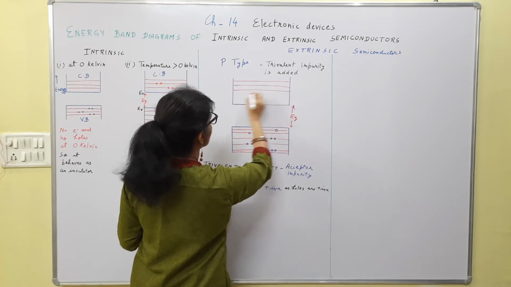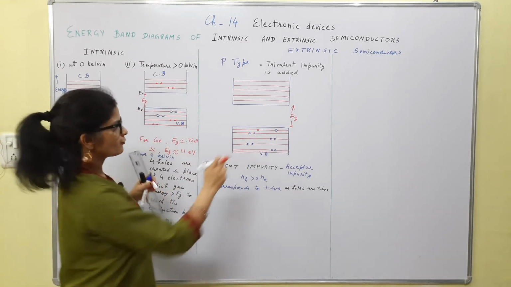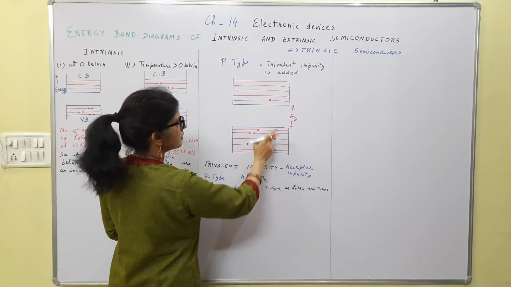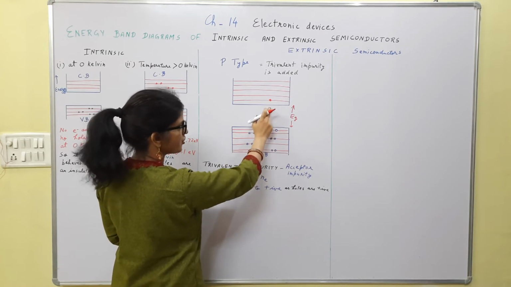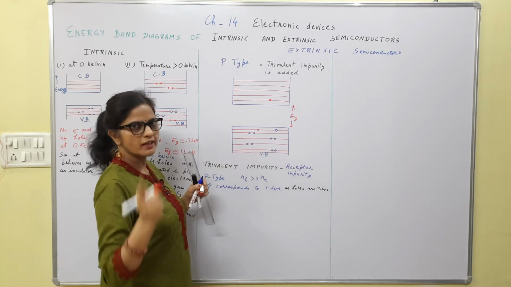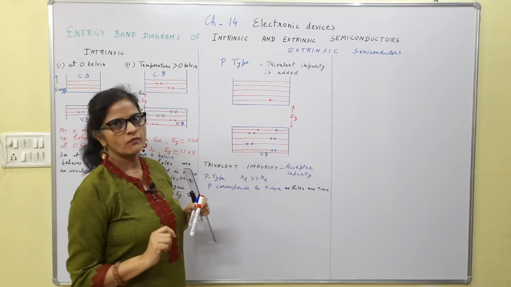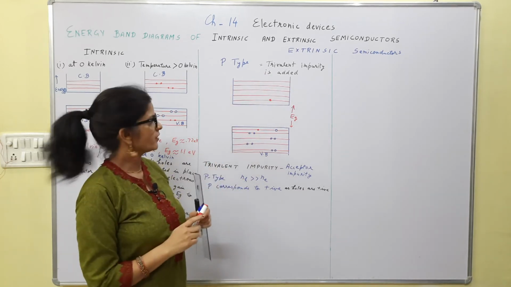So in the conduction band, this one electron is due to the crossing of the energy gap by this electron on gaining sufficient energy. But the rest of the holes are due to this acceptor impurity, which is trivalent impurity.